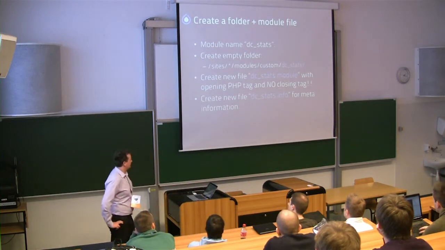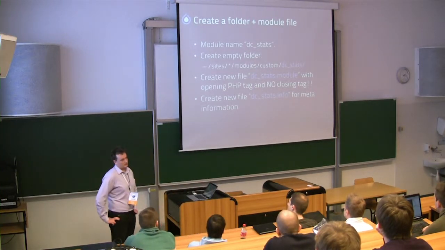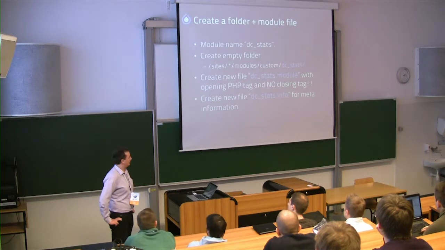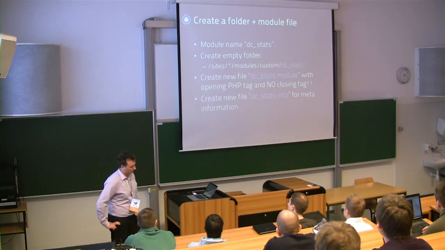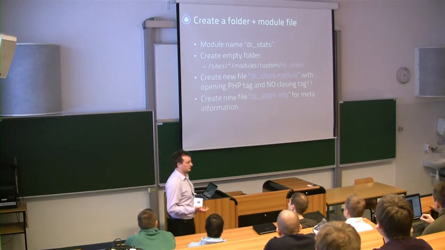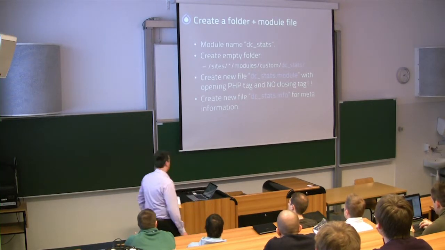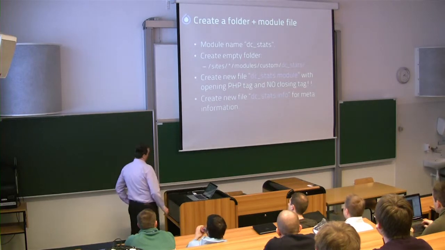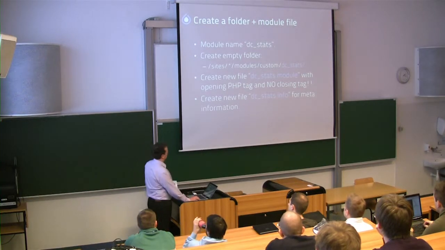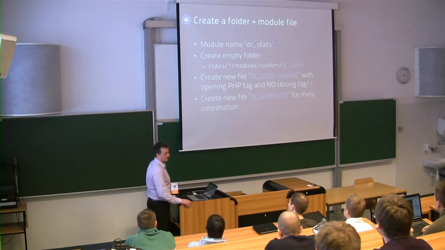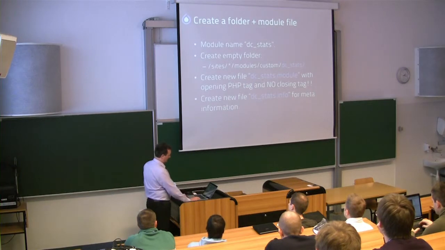You create a .module file, which is basically a PHP file, and inside this file you start with an opening PHP tag. It's very important to know that you don't need to close the PHP tag, so you just leave it, and at the end of the file you leave an empty line.